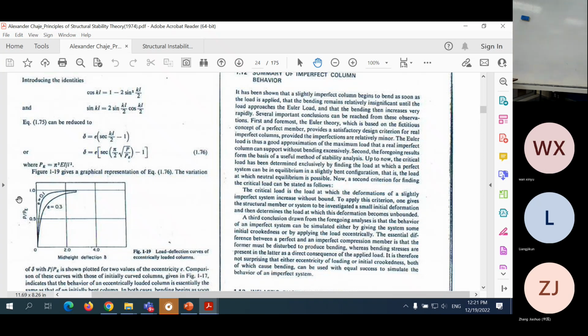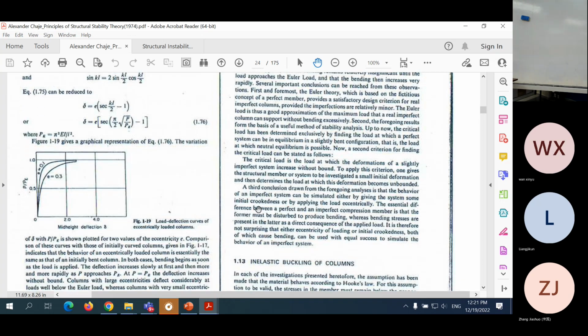After this, it explains again what happened and what we can understand from this diagram, and it gives some explanations about what I already summarized for you, what we can understand from the behavior of an imperfect column.